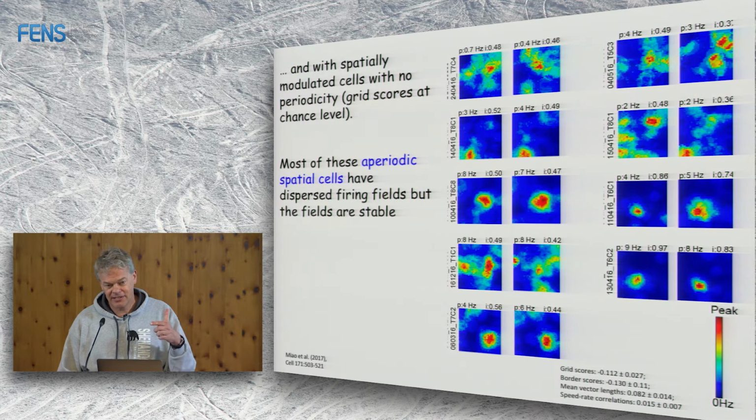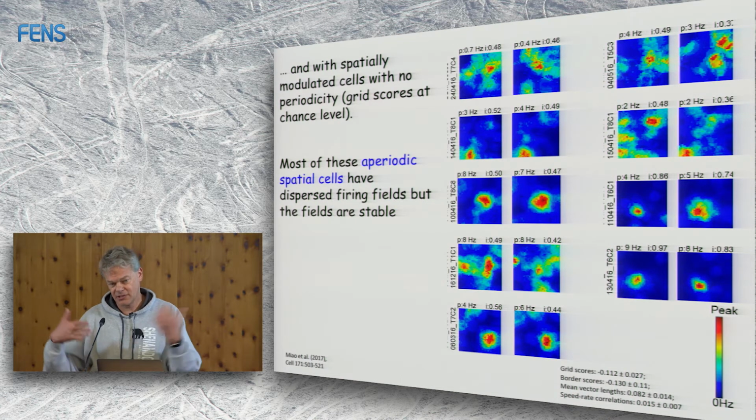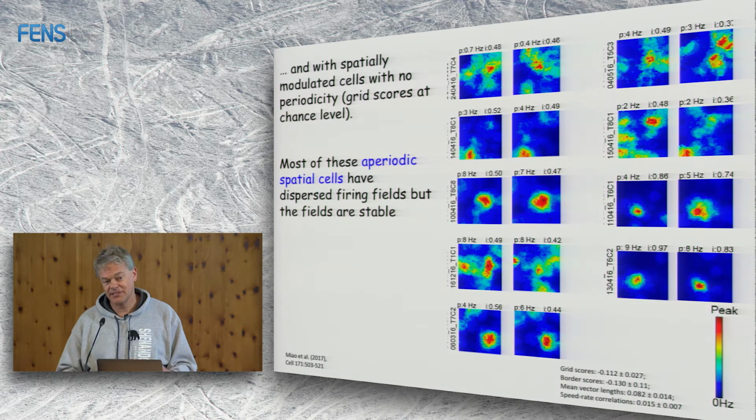And I will show later, and I'm sure you saw yesterday, that one at least equally striking difference between place cells and all entorhinal cells is that the place cells remap. So they exist in all kinds of combinations. And I think that's actually the much more important part of place cells. But I'll come back to it.